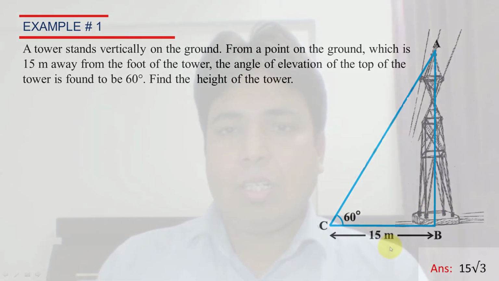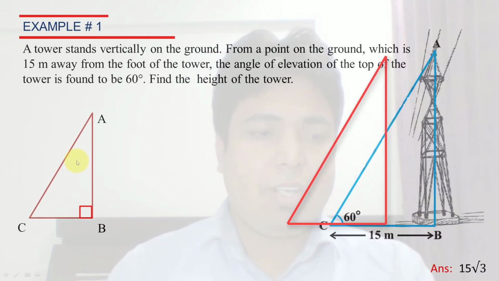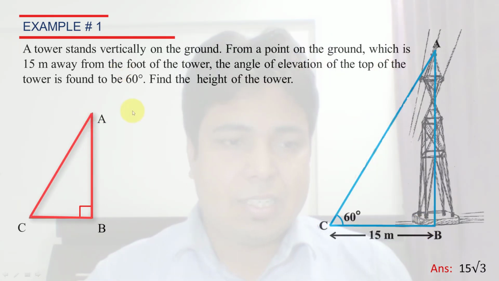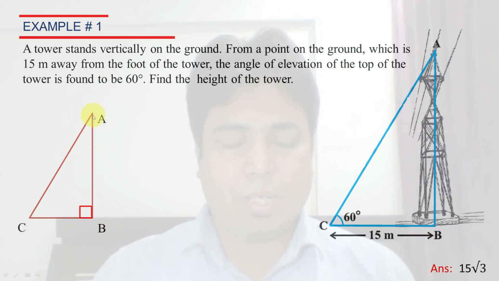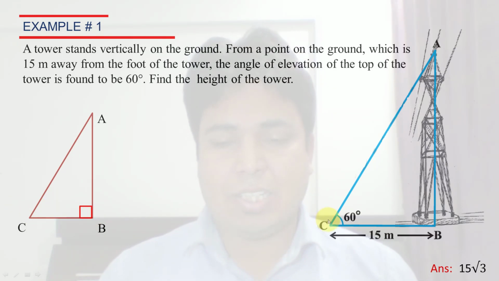Now let's move on to the question figure that we need to draw, instead of drawing this complete exact figure. So here is the question figure, as you can see. Let's say this is the height of tower AB. A is the top of the tower, and a point C is 15 meters away from the base of the tower, and its angle of elevation is 60 degree.